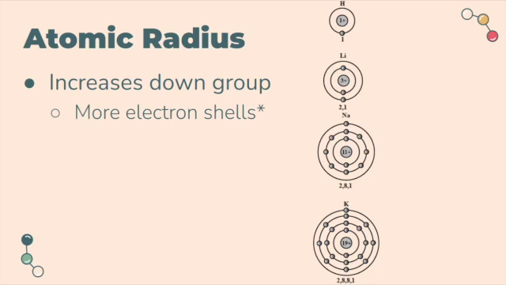We think of it as different energy levels at which electrons are found. So as you go down a group, we continue to add shells of electrons that surround the nucleus. And if you are adding these orbitals on top of each other, you're just going to continue to make the atomic radius larger and larger.